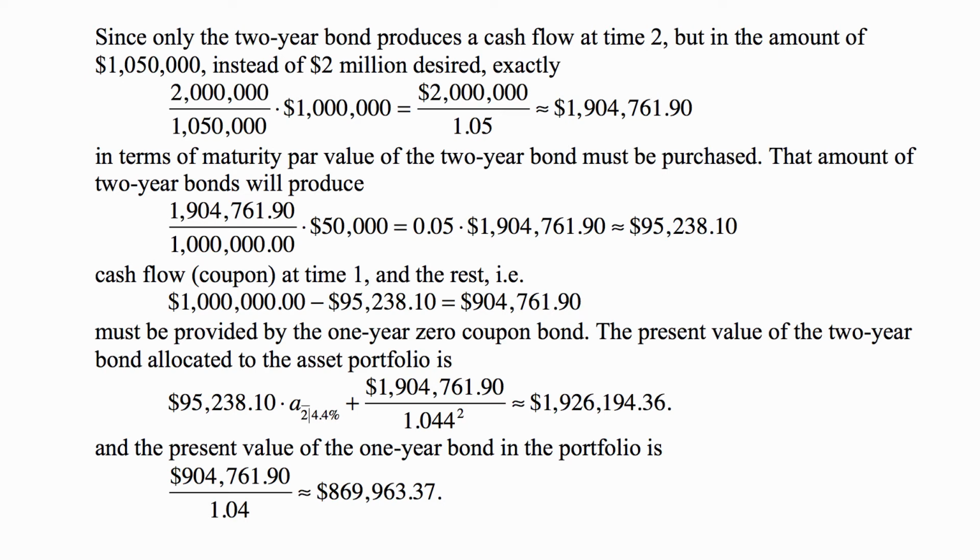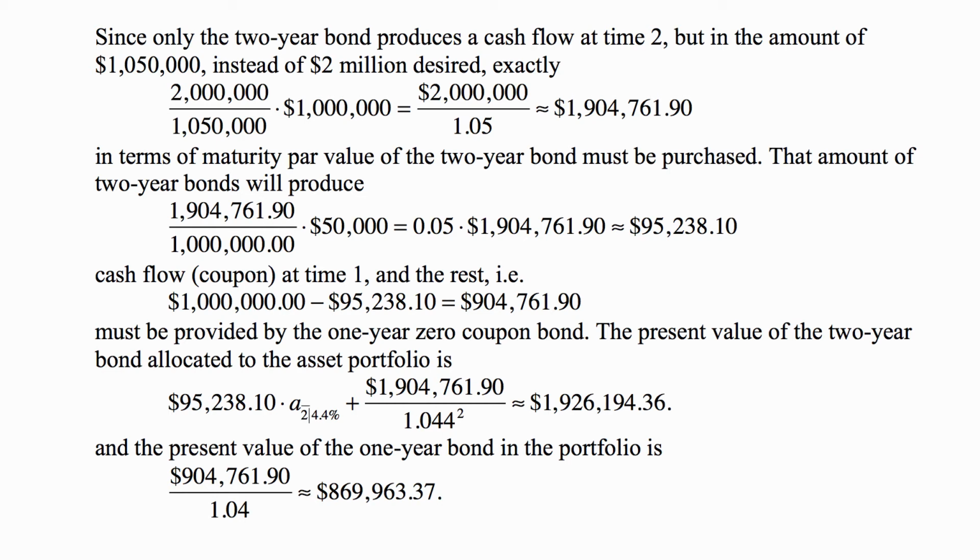So how many units do we need to have to pay what is needed, which is 2 million instead of $1,050,000? Well, 2 million divided by $1,050,000. That's how many units. Each unit has maturity par value of $1 million, so we have 2 million divided by $1,050,000 units times $1 million, and that ends up being 1,904,761.90 in terms of maturity par value of the 2-year bond that must be purchased.